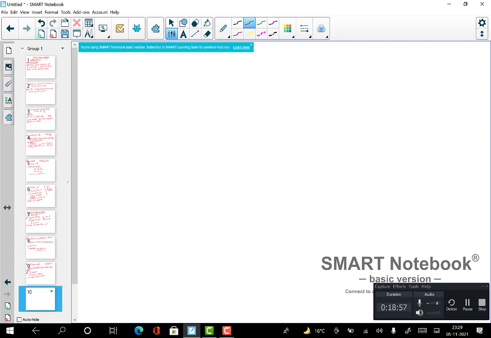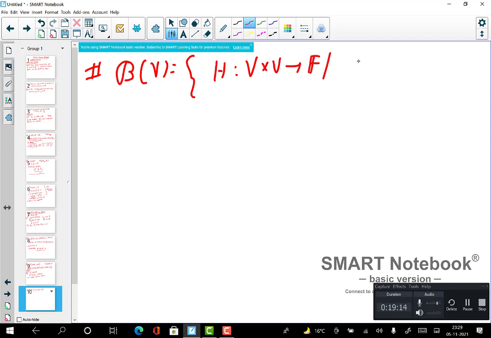You actually can define a vector space structure. So this is B(V), you collect all bilinear forms, where h is a bilinear form.